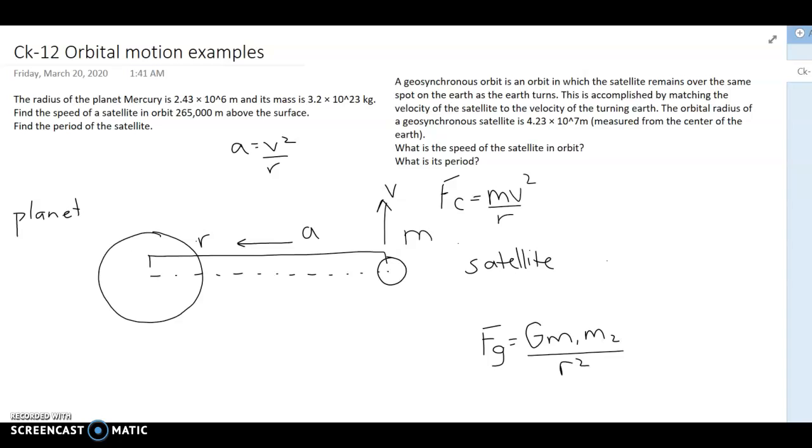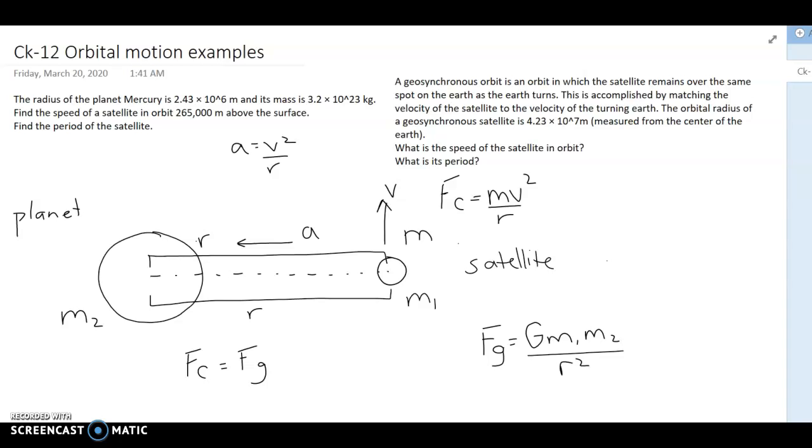It's the same thing, because if you notice here, we have a planet, we have two bodies. The planet we're going to call m2, the satellite we're going to call m1, and they are separated by a distance apart, which is r, the radius of the rotation. And that is squared, and then we have that gravitational constant. Because of the way these two set up, we can set these two equations equal to each other because Fc equals Fg.